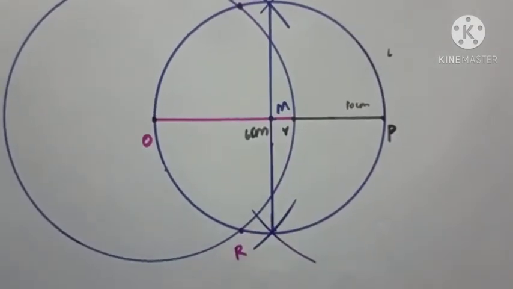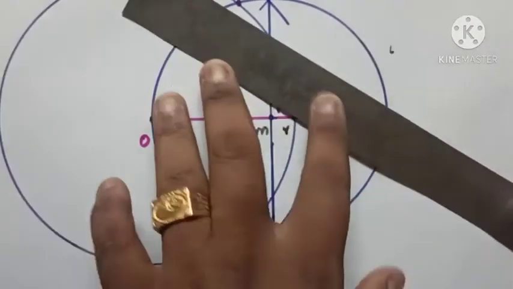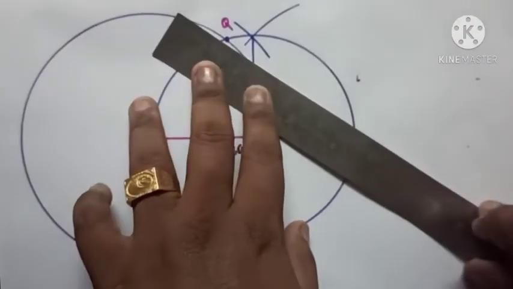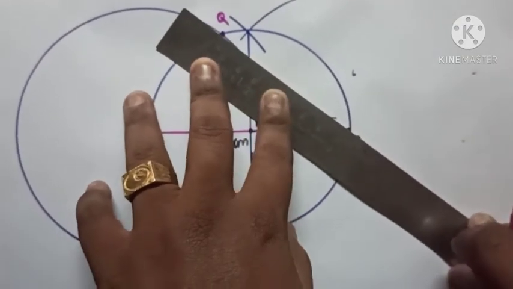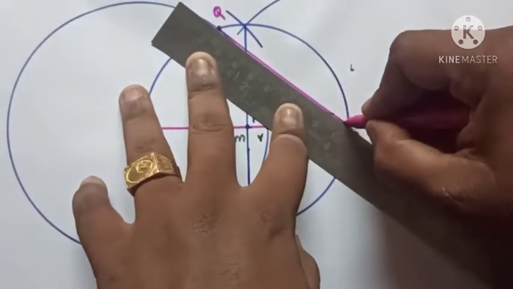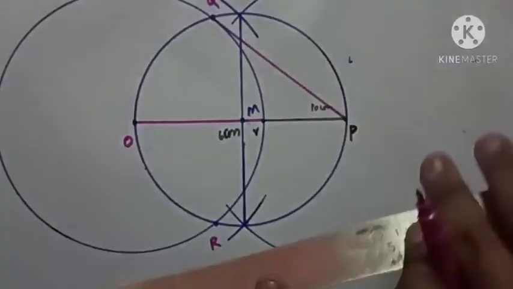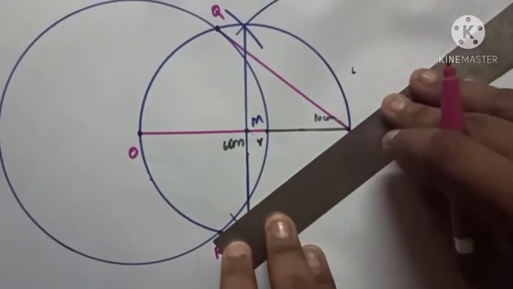So now I have to join, through the scale, Q and P like this, and again I have to join R and P like this.